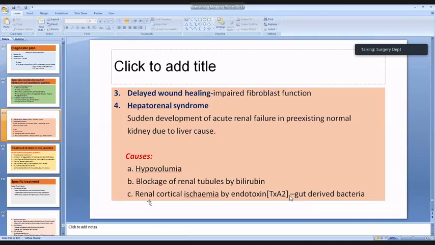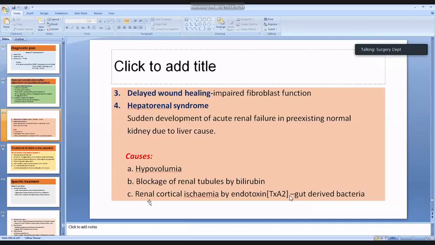Second is blockage of the renal tubule by bilirubin. Excess bilirubin can block the renal tubules. And third one is renal cortical ischemia by endotoxin that is derived from the gut bacteria. It acts on the kidney, and that leads to liberation of some active factors that are responsible for ischemic changes in the kidney cortex.